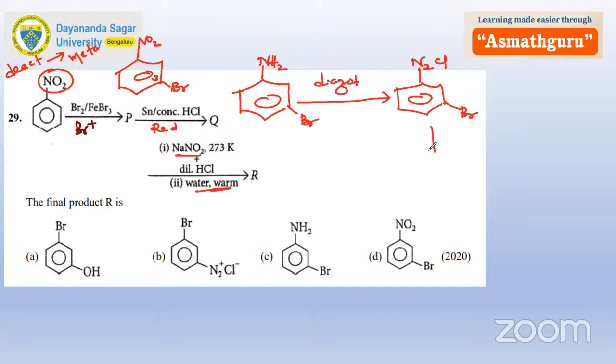When you treat with water and warm it, I told you, the N2Cl will be replaced by OH. And you get Br. OH is a functional group, so one position, second position, bromine should be at the 3 position. What should be the option? So this is A. Why? OH is 1, 2, bromine is at the 3rd position. A is the option.